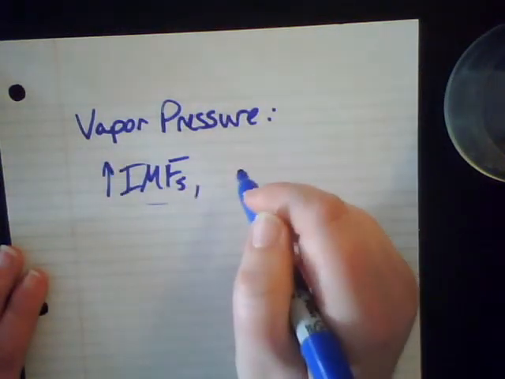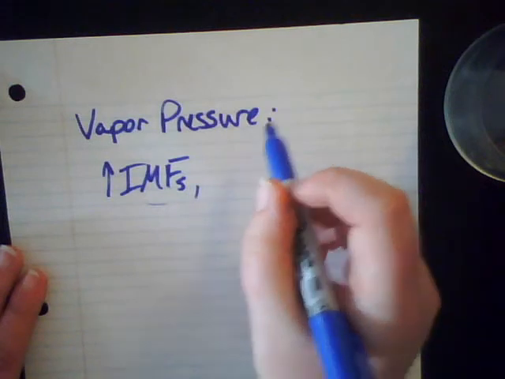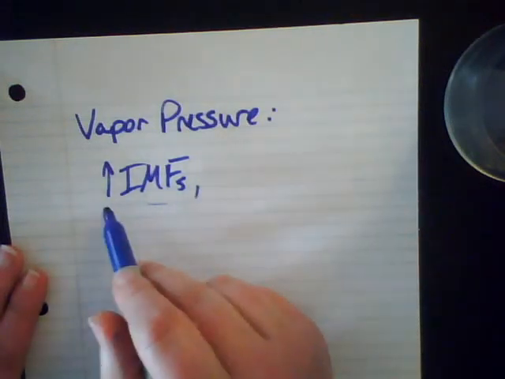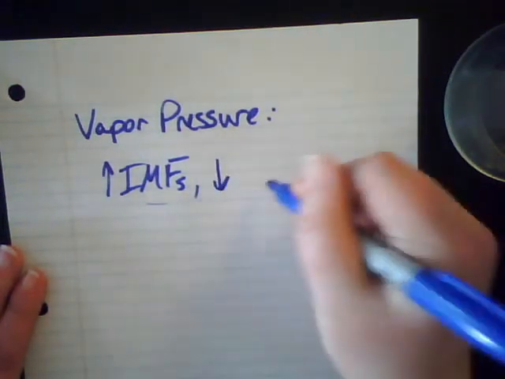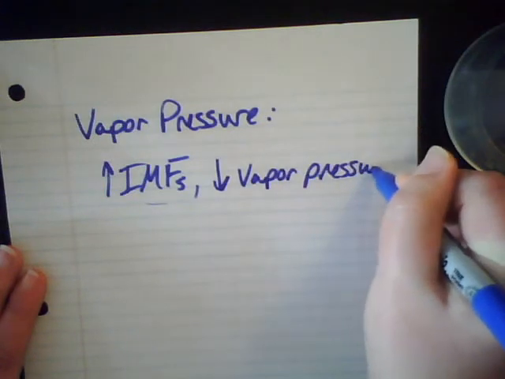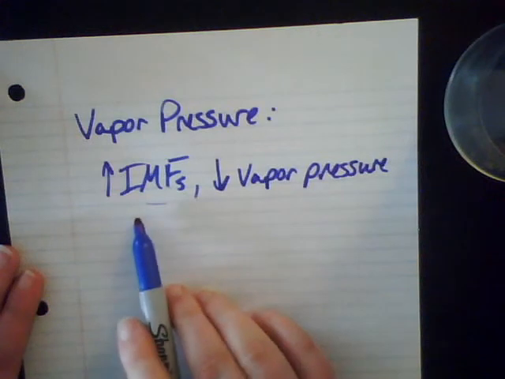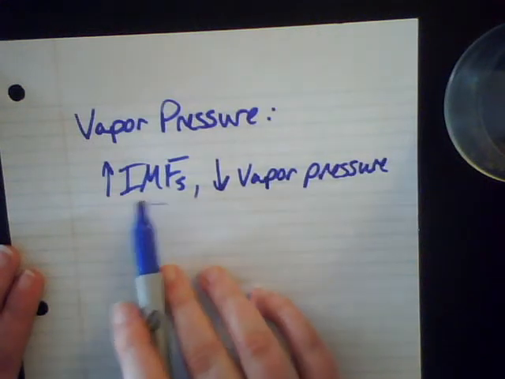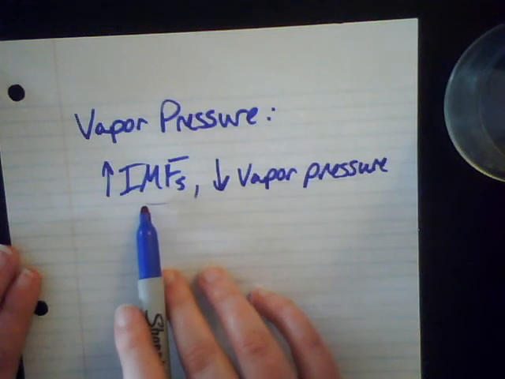That's kind of the question there. And hopefully you're saying, well, if I have stronger attractive forces in my liquid, then I'm going to have a lower vapor pressure. Okay, it's going to be harder for me to evaporate because it takes more energy to break apart these attractions or stickiness between my water or my liquid molecules.